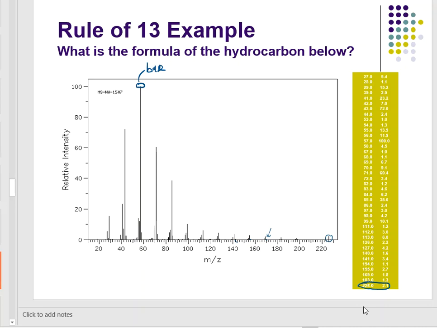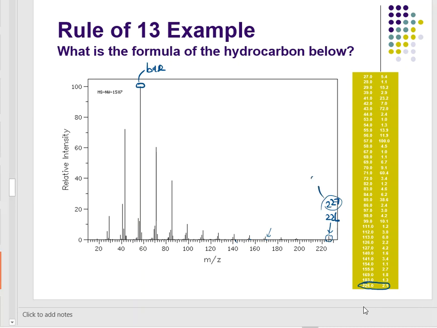Now, notice it just said 226. So there's 220, there's 222, 224, and 226 right there. Right beside of that one, there is a small little line. That's really happening at 227.